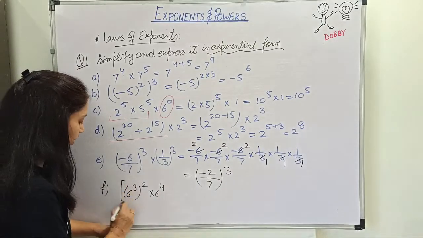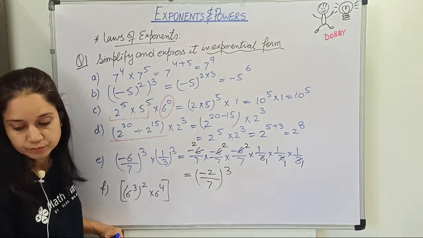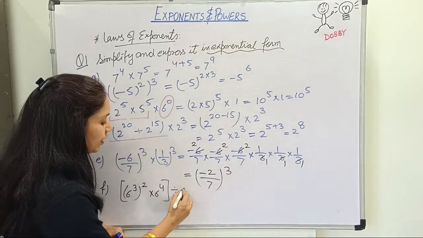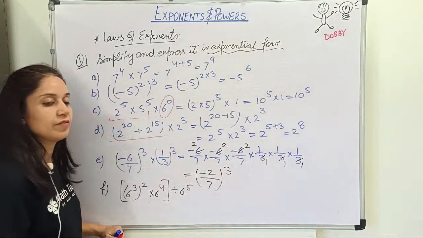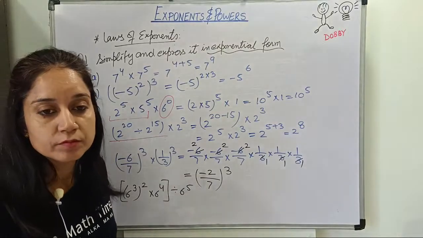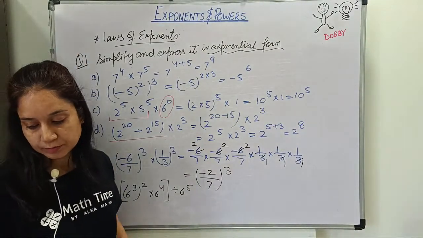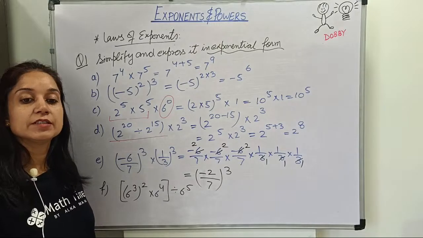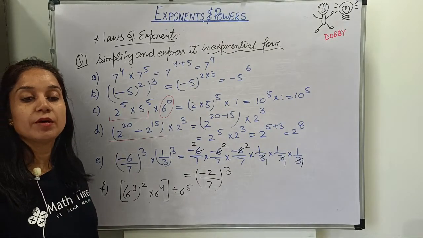This is all together in one bracket. Divided by 6 raised to the power 5 is the question. Everybody note down. You have to try it. Kshitij, solve it. Method is important.